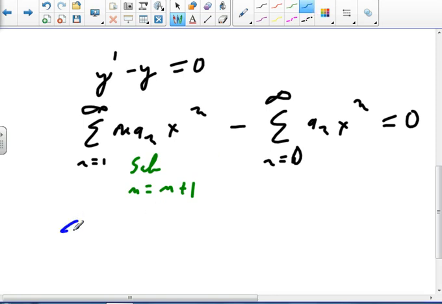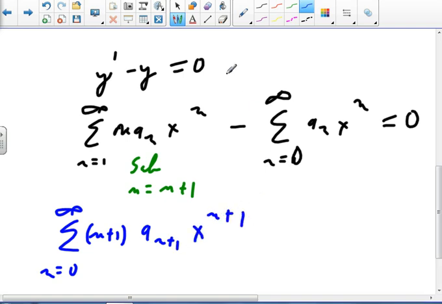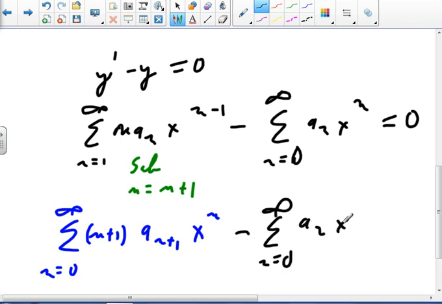So when I do that, I'm going to have summation n equals 0 to infinity, n plus 1, a_(n+1), x to the n, because this is n minus 1 and that's just going to be x to the n, minus summation n equals 0 to infinity a_n x to the n is equal to 0.